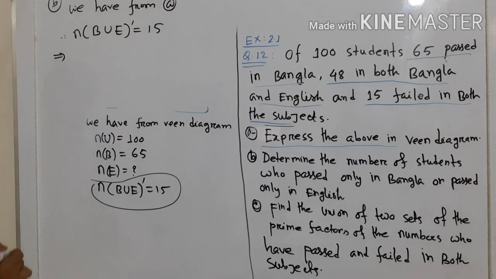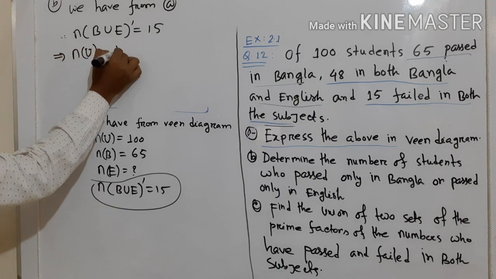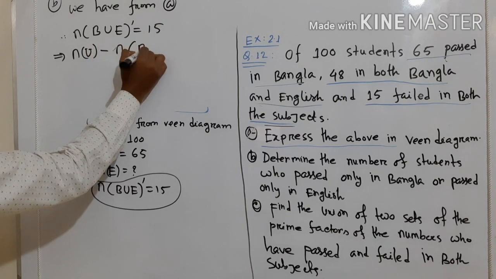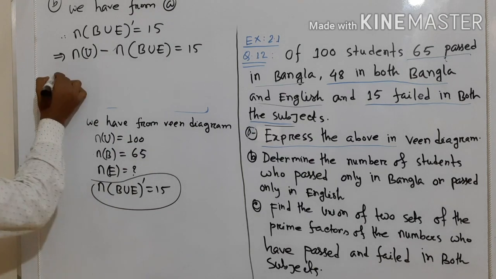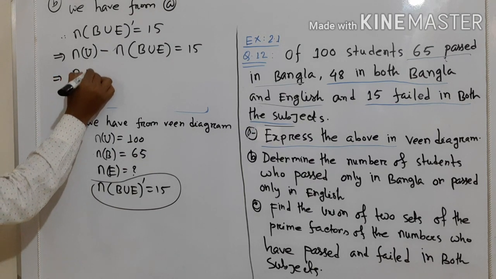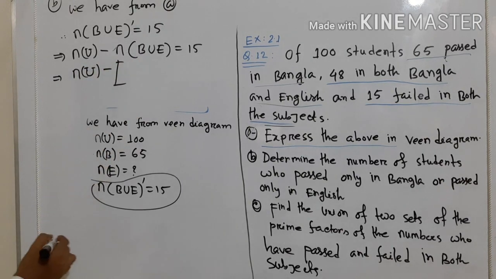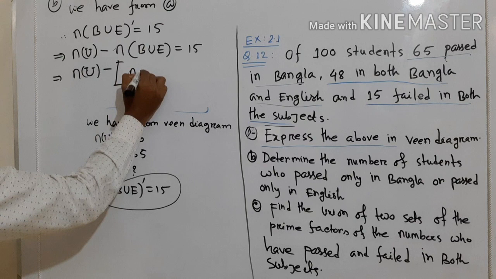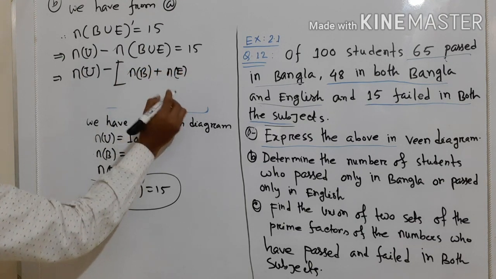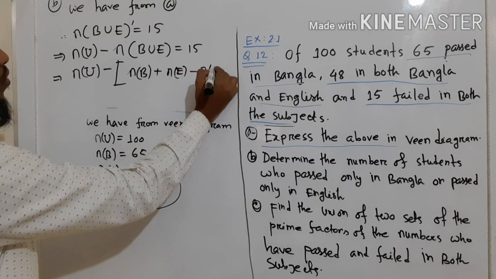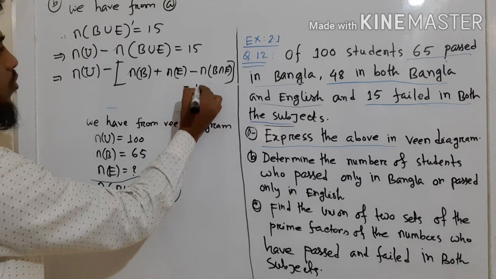So we can write number of U minus number of B union E equal to 15. So number of U minus, this is number of B plus number of E minus number of B intersection E equal to 15.